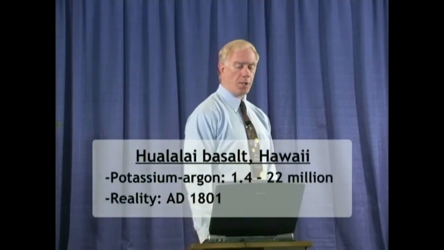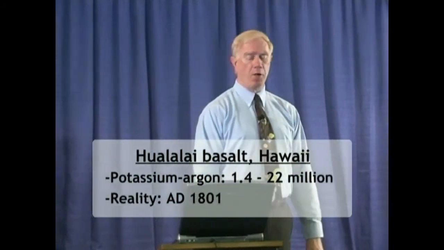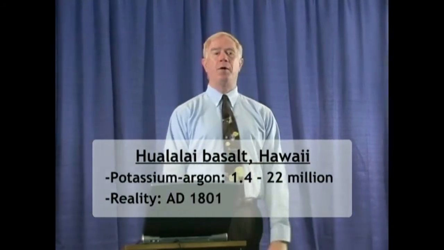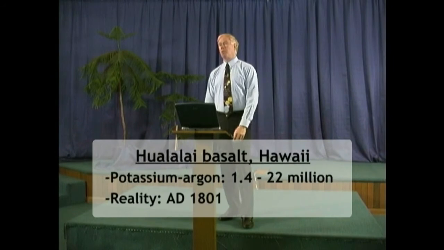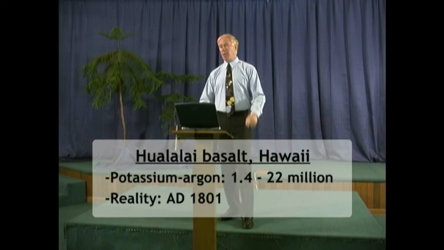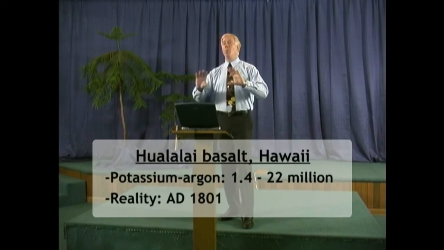Hawaii, lava flows. Potassium-argon dated these lava flows between 1.4 and 22 million years old. Reality, those rocks were formed from an eruption in 1801. Now we're not just thousands of years off. We are millions of years off. See, if you start with these assumptions, all your calculations can be true, but your answer can be very wrong.